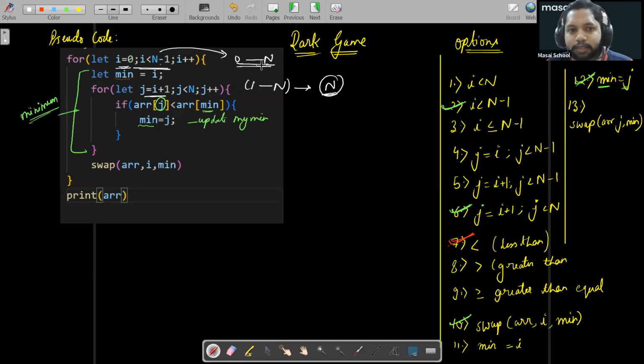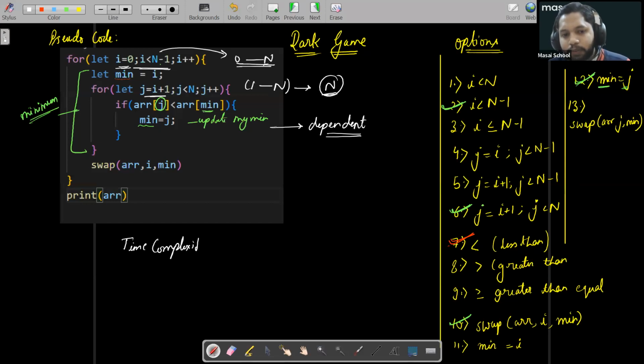So this is n, this is n, and this is a dependent loop. So the time complexity will be big O of n square.